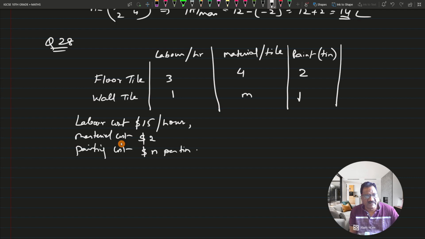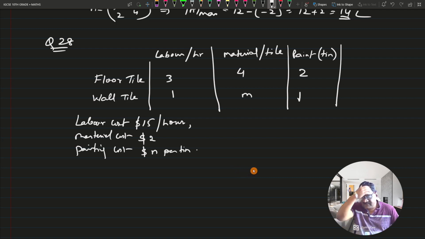So these are the cost factors given. So the labor cost is $15 per hour, and the material cost is around $2 per tile, and the painting cost is $N per tin. Now this is the information given to us in question number 28.